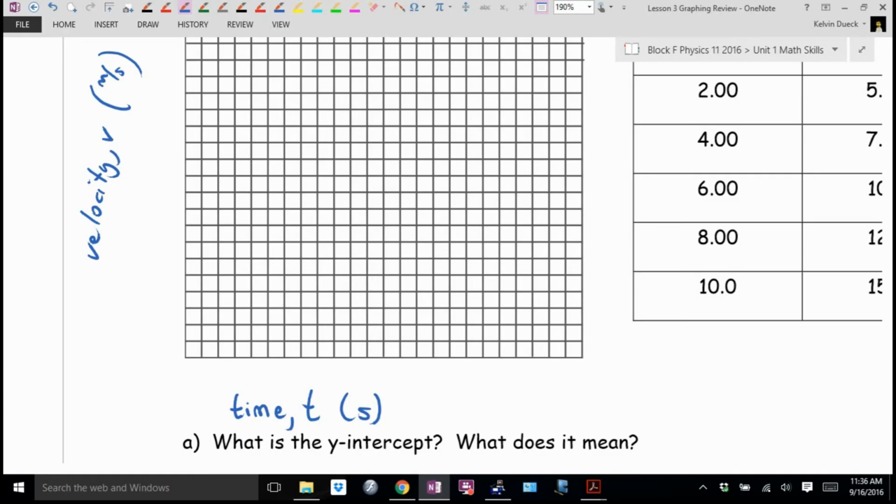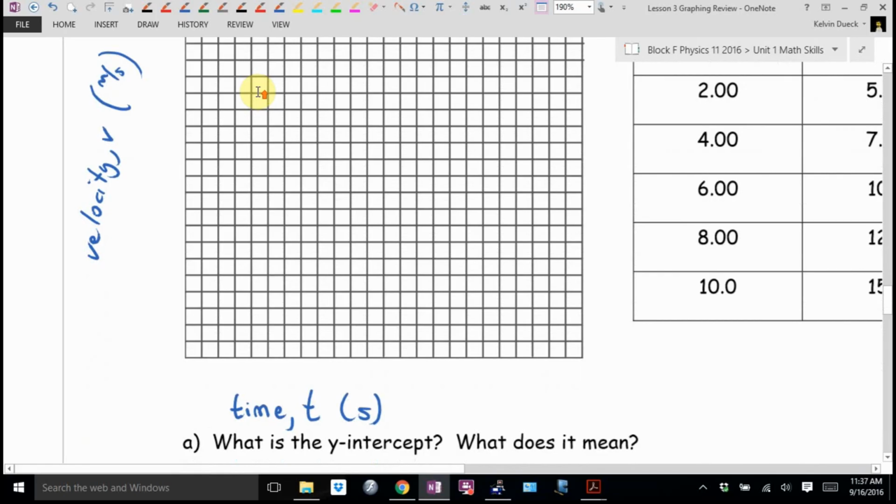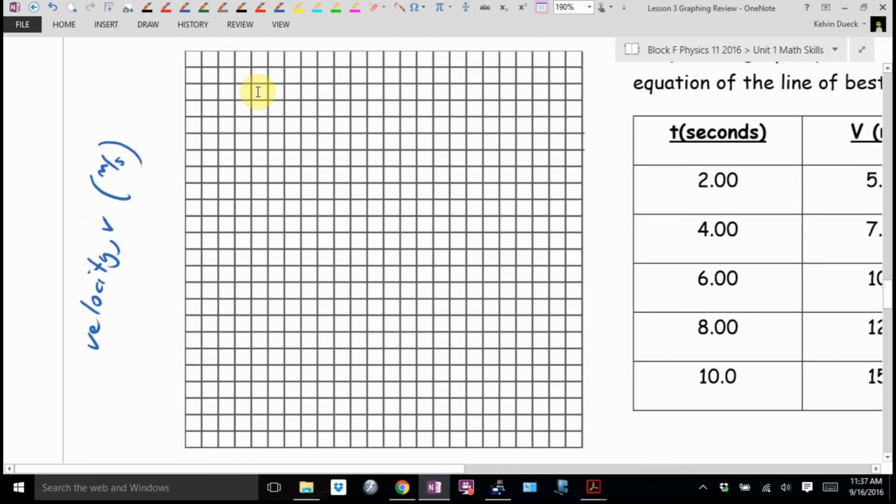Well, step 2. This goes faster if you call it out. What was step 2? Scale. Okay. Before I even do that, count how many squares I have to play with, all of you guys. How many squares horizontally do I have to play with?